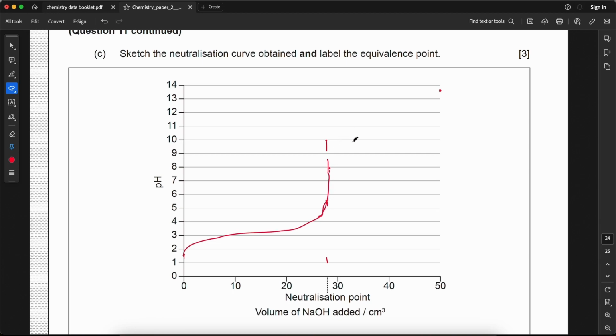And the equivalence point should be bigger than 7, around here. I take the half between this area, so this will be the equivalence point.